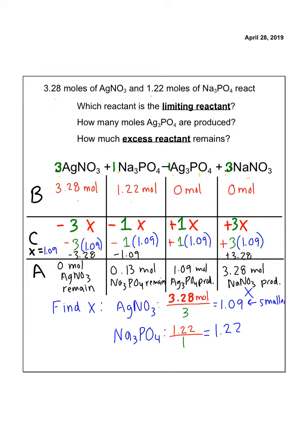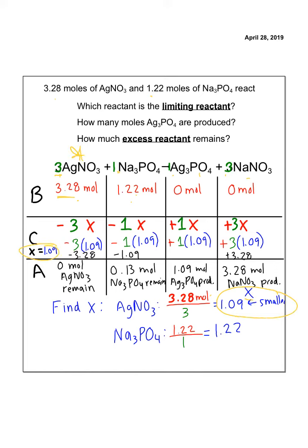Okay. Next, we're going to find our x, and this is the part that's different. So for AgNO3, we take the before divided by the coefficient, 3.28 divided by 3, and then for Na3PO4, we take 1.22 divided by the coefficient 1 and get 1.22. So now instead of comparing a number to the word excess, we're actually comparing these numbers. The smaller one becomes our x value, so this is smaller, that's our x that we plug in, which means AgNO3 is our superstar, that's the limiting reactant that's going to run out.